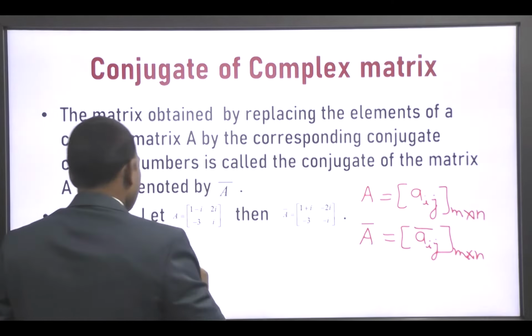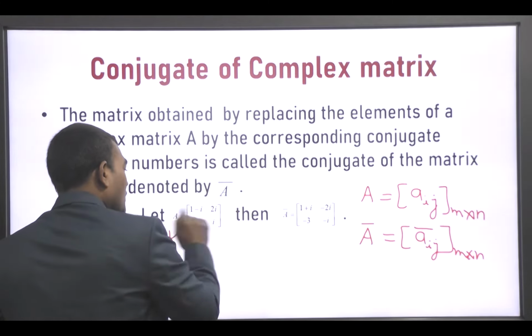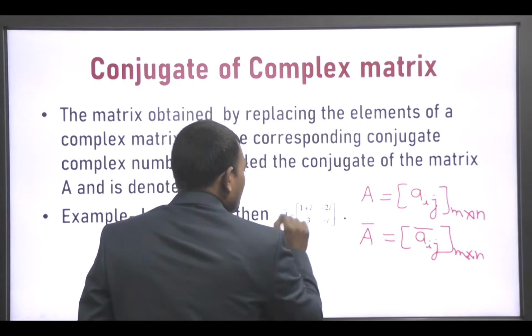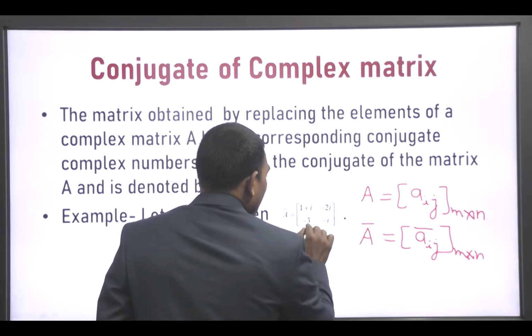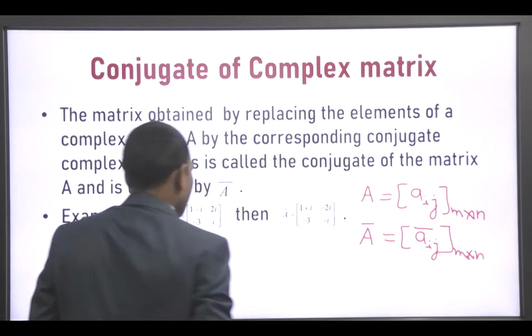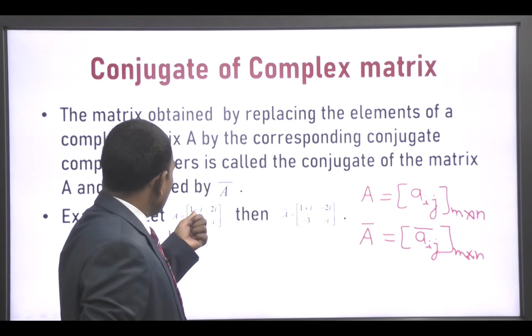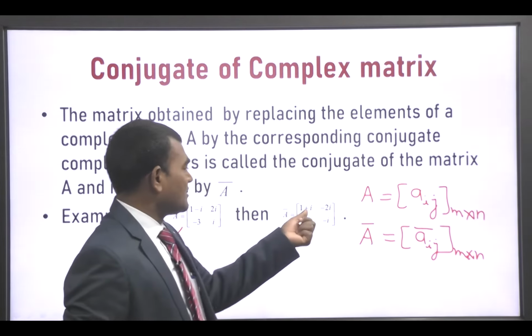For example, let A be equal to 1 minus iota, 2 iota, minus 3 iota. Then A bar is equal to 1 plus iota, minus 2 iota, minus 3 minus iota. You see here we have taken the conjugate of each element; 1 minus iota becomes 1 plus iota.